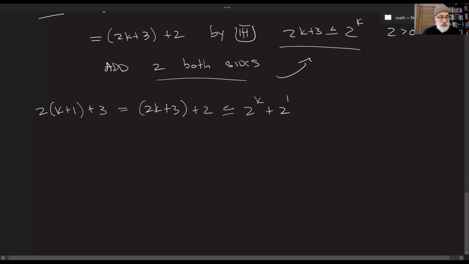All right. Now, let's look at this. 2 raised to k plus 2 raised to k.